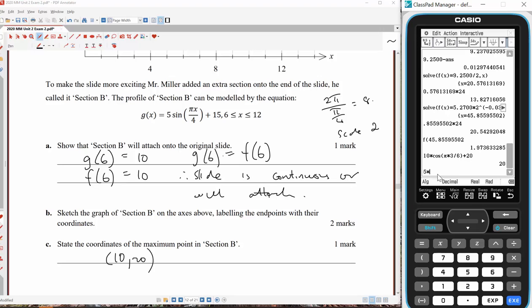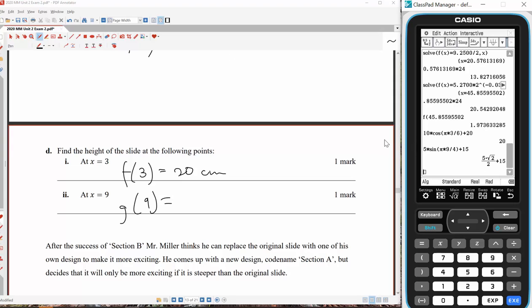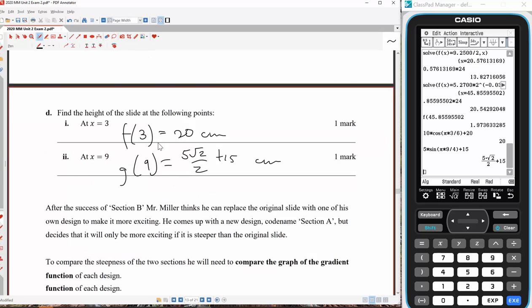So we got 5 times the sine of pi multiplied by x, which is 9 over 4, plus 15. And I presume it's an exact. Yep. So it's going to be 5 root 2 on 2 plus 15 cm.